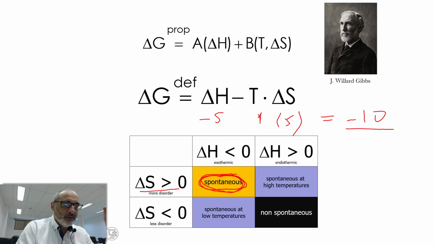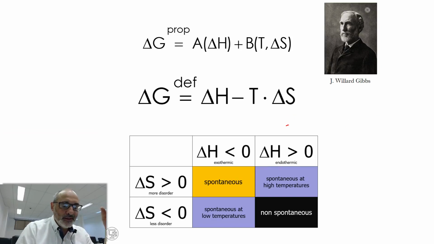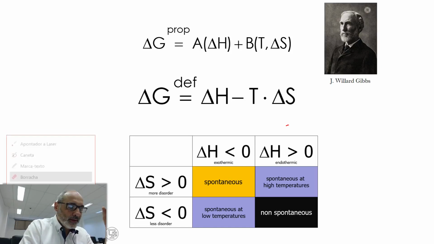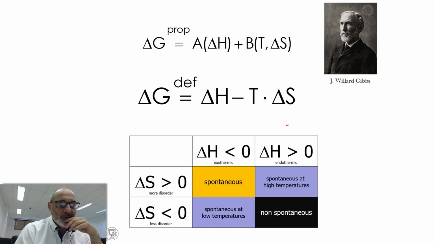I'm going to do only one more, just to be sure everybody understands. Now we're going to analyze a conditional one. Let's analyze, for instance, this one, spontaneous at low temperature. In this situation, delta H is negative and delta S is also negative.